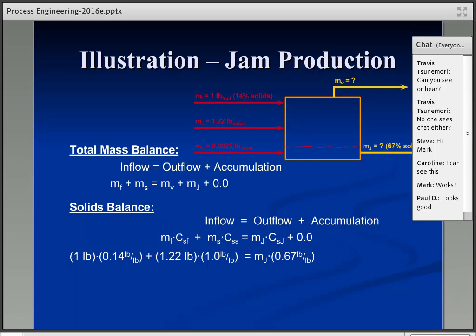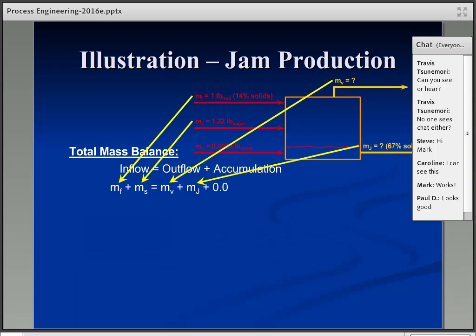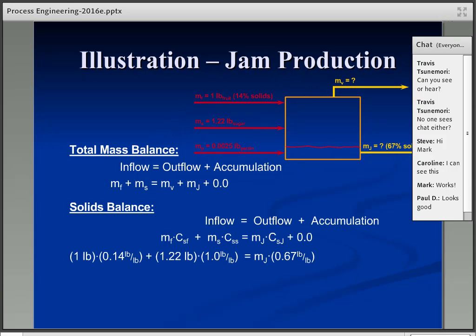And we can also do a solids balance because, if I'll back up, we go to solve this. We've got two unknowns here. Over on the right side, the mass of water vapor coming off and the mass of jam coming out. Both are unknowns. So got to have a second equation to solve this. And so if we do a mass balance just on the solid material, we'll find a different equation here. Same inflow equals outflow plus accumulation, but looking at the solids, we'll have the mass times the concentration.